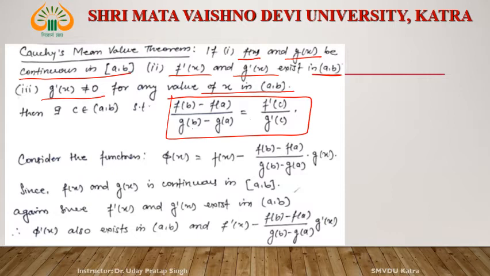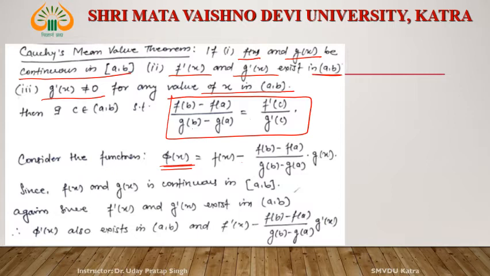We will prove the Cauchy mean value theorem on the basis of Rolle's mean value theorem. Let us consider a new function on the basis of f(x) and g(x). Let us define phi(x) as f(x) minus (f(b) minus f(a)) divided by (g(b) minus g(a)) times g(x). Phi(x) is continuous.